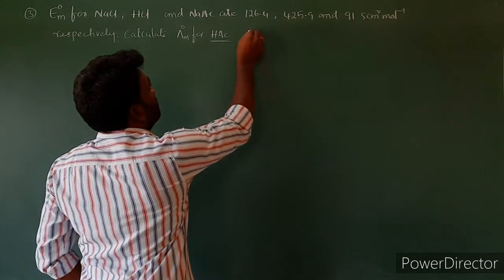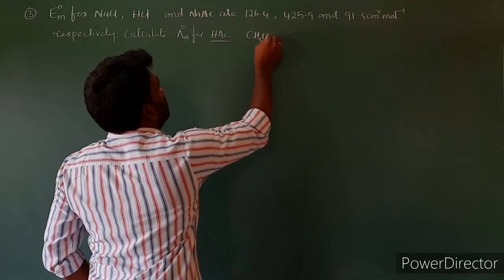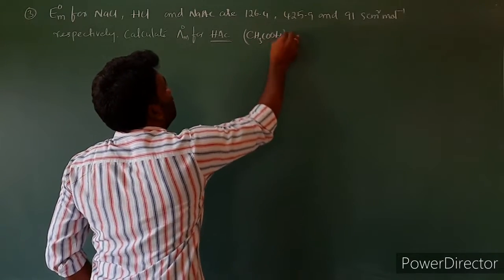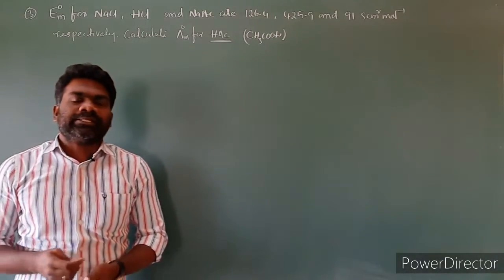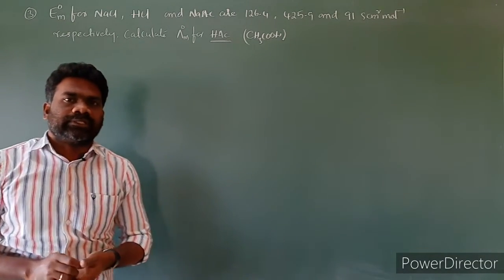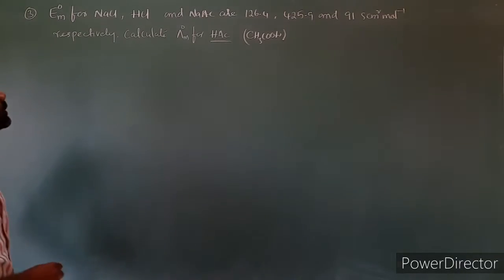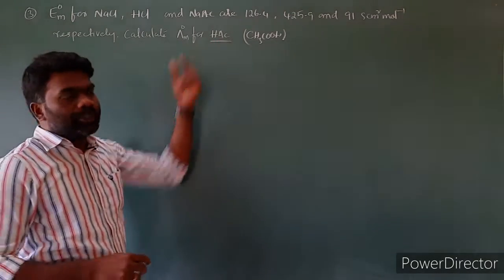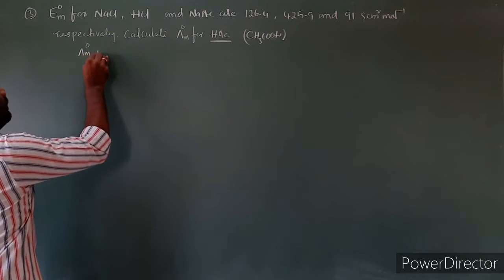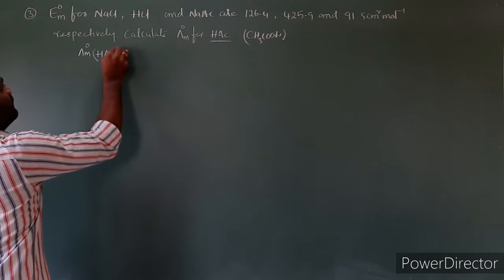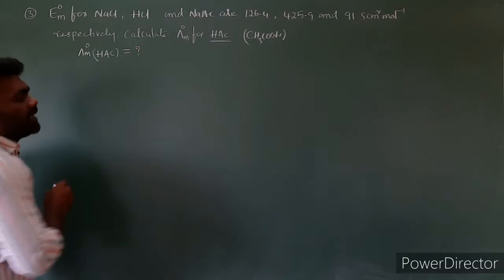HAc we can write as CH3COOH. Now this problem is based on applications of Kohlrausch law of independent migration of ions. First, what we have to calculate, put a question mark: lambda m naught of HAc is question mark.